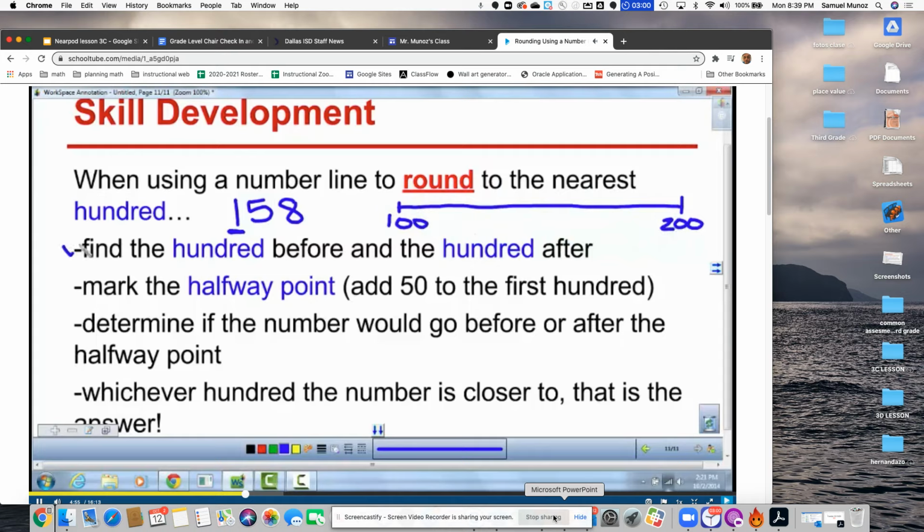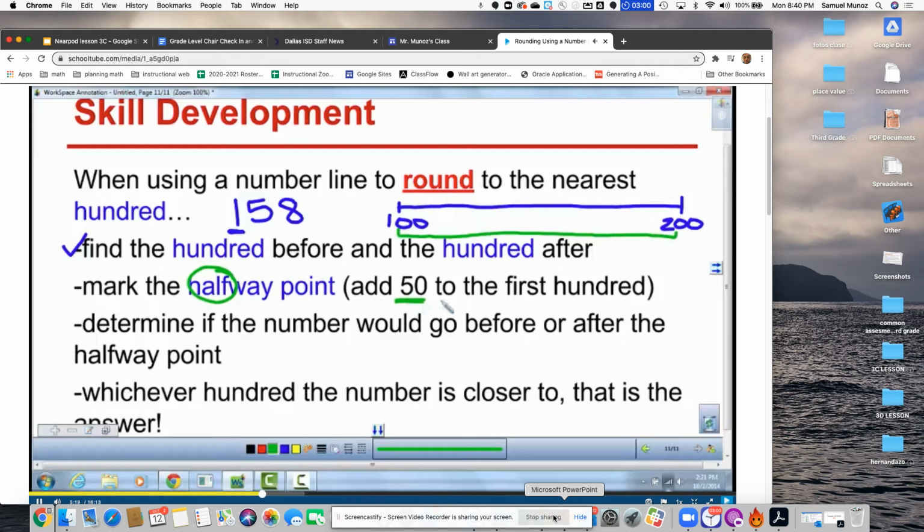Step 1, check. Step 2, marking the halfway point. This time, instead of adding 5 to the first number, we're going to add 50. Remember, you are jumping from 100 to 200. That is a gain of 100 numbers. So what would be half of 100?